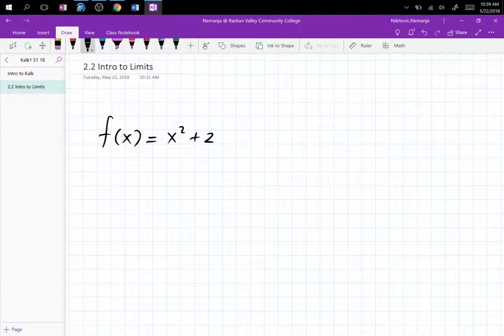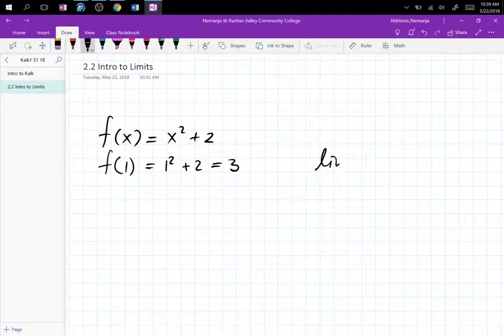Now, in pre-calculus, you would say f of 1 is 1 squared plus 2, and you have 3 as the answer. Now, in calculus, you are going to say the limit as x approaches 1 of x squared plus 2 is also equal to 3.